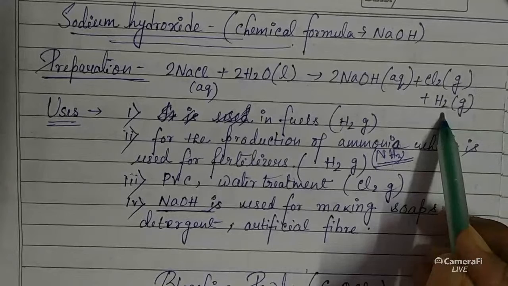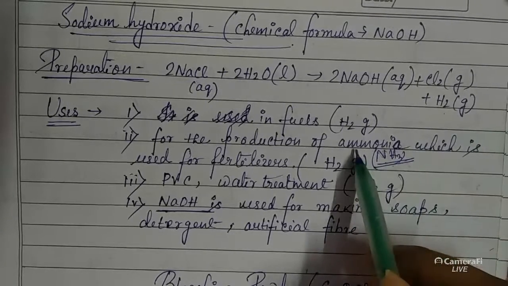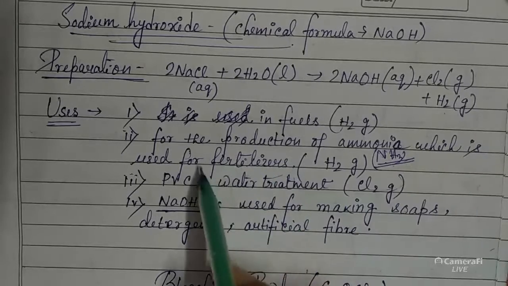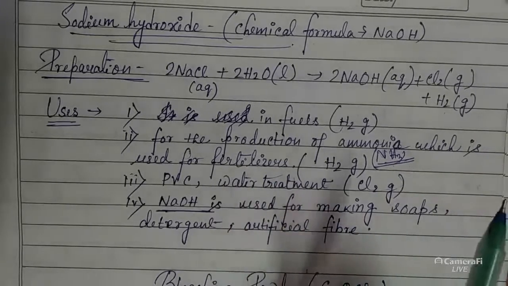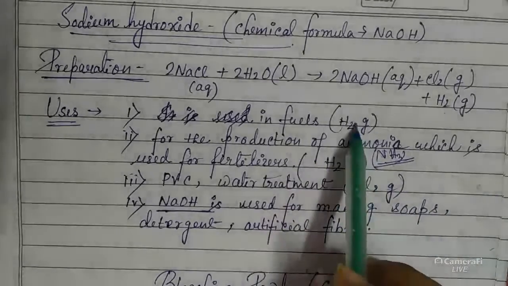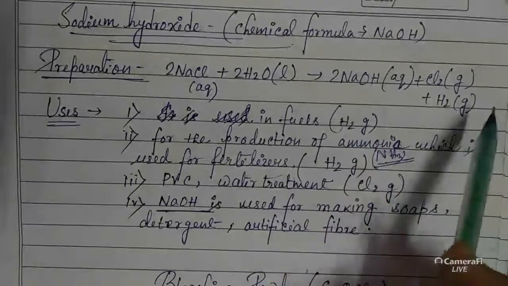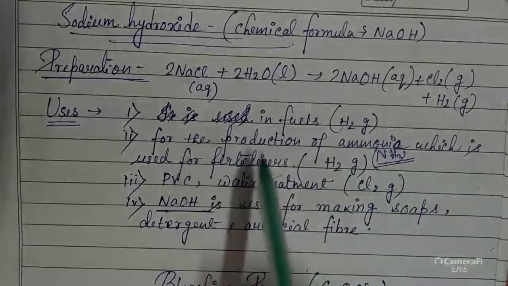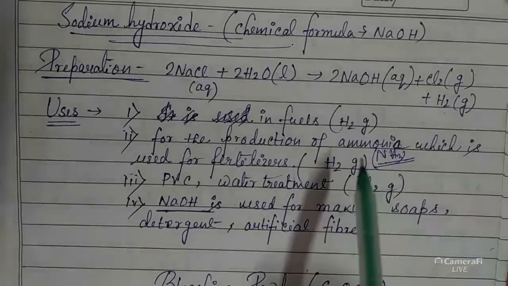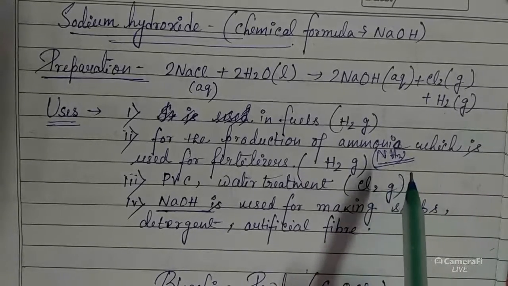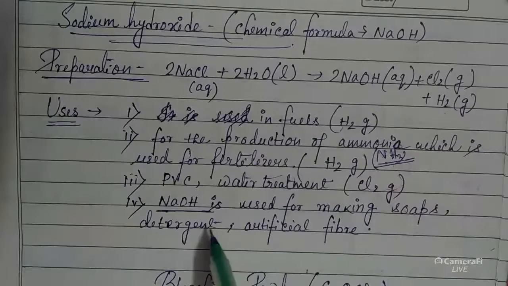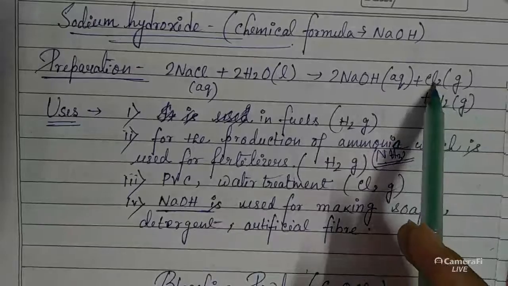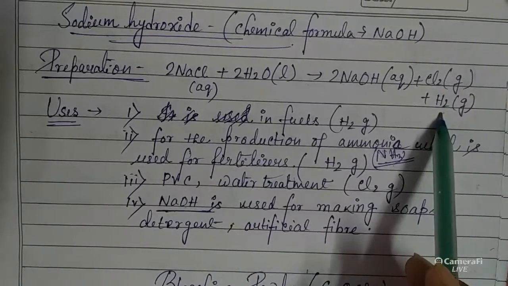This hydrogen gas we can use for the production of ammonia, and ammonia is used for fertilizers. So two uses of hydrogen gas we can see: it is used in fuels and also in the production of ammonia, which is used for fertilizers. So there are various uses for sodium hydroxide as well as chlorine gas and hydrogen gas.